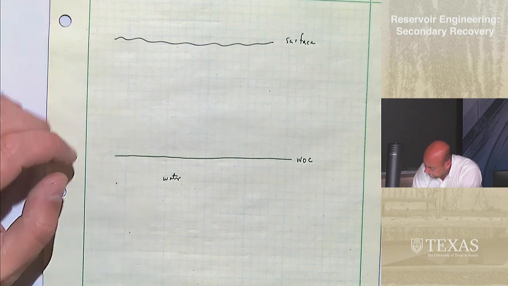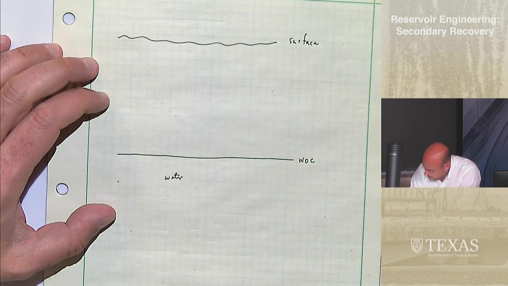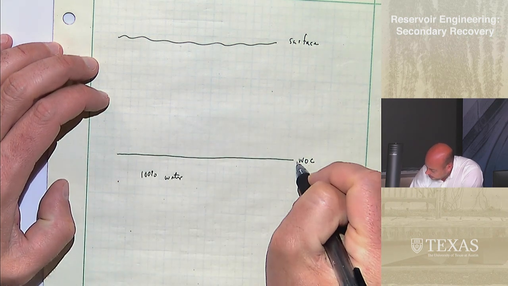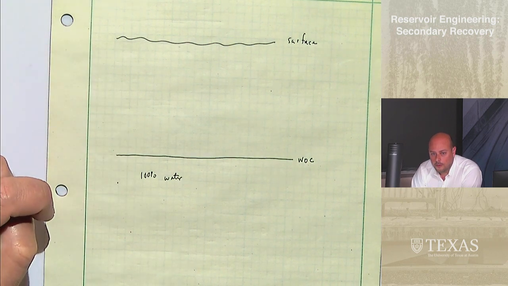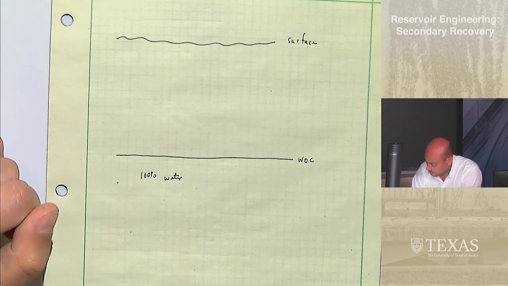All right. So this is going to be 100% water. But at the water-oil contact line, that's where you start having oil. Okay. Remember, water is more dense than oil.